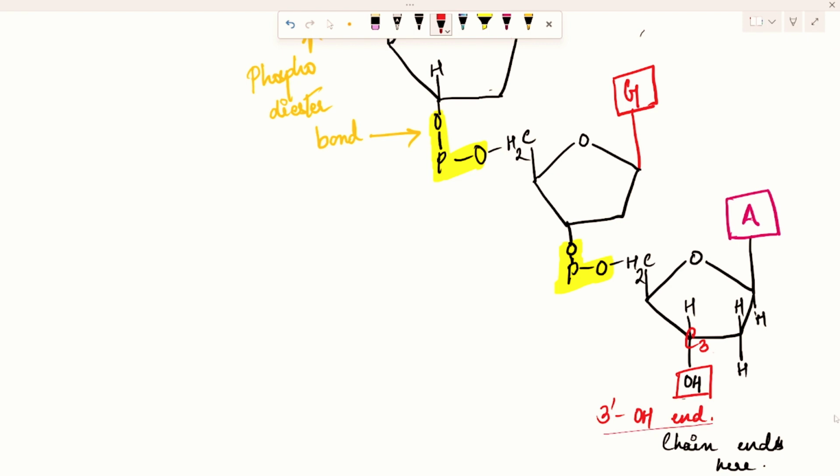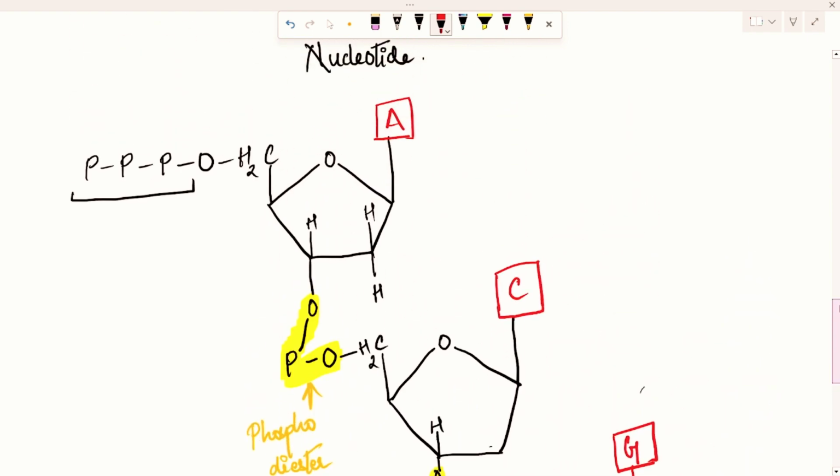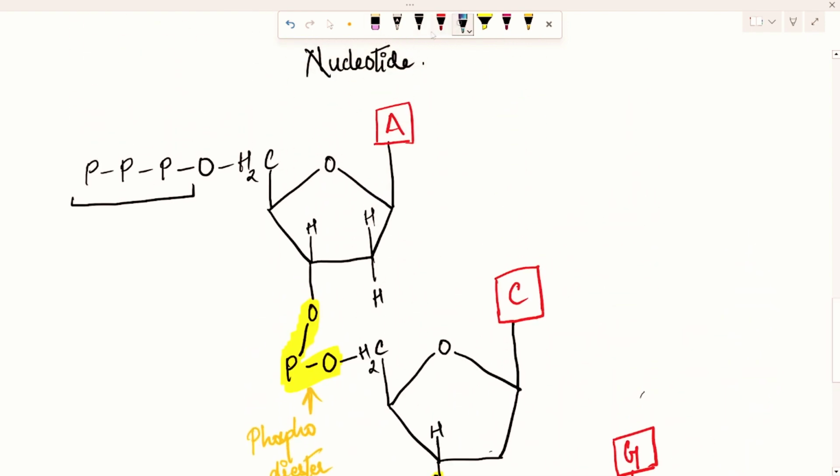Now, the starting end is known as the 5' phosphate end. Quite obviously, because this is the fifth carbon and there is a phosphate group attached to it. That's why this is referred to as a 5' phosphate end.